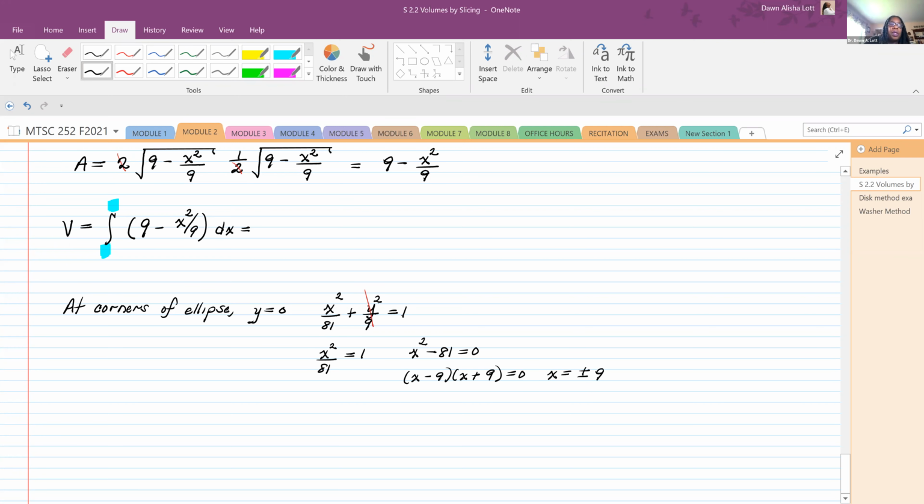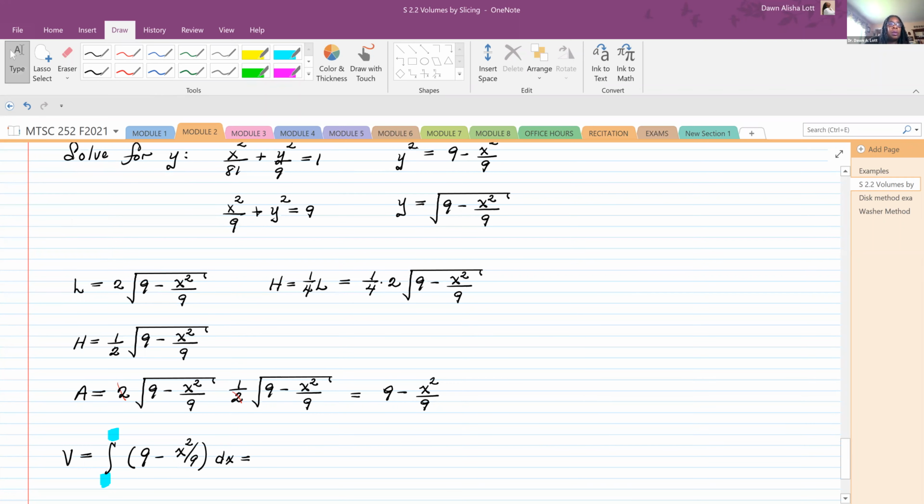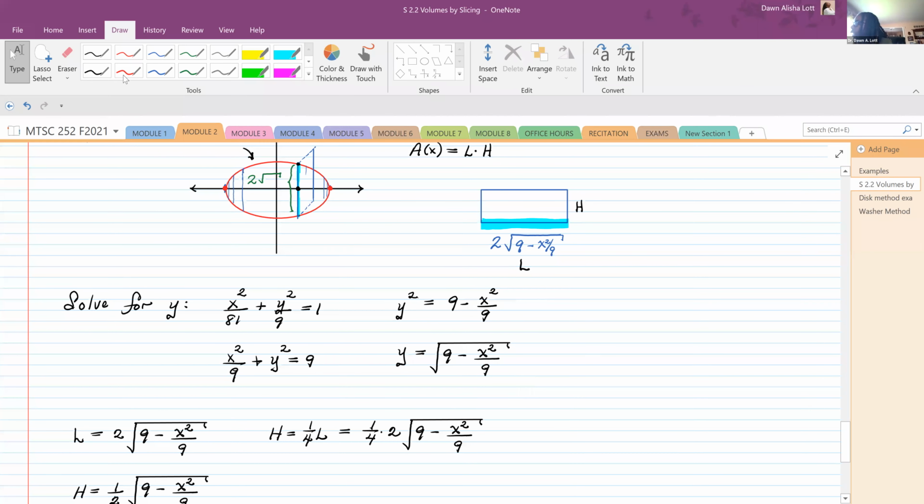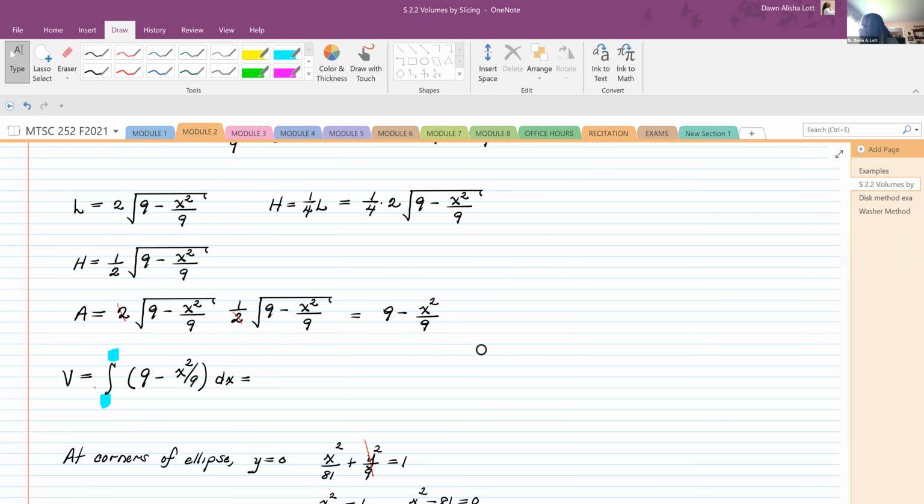So we can go back to our picture and label this as -9 and this as +9. Now I compute my integral from -9 to 9 and I get 108 as my answer.